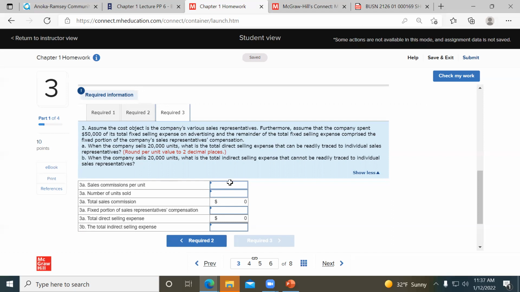$1. Number of units sold, 20,000. So 20,000 is sales commissions. Fixed portion of sales representatives' compensation, 20,000. So total direct selling expense is 40,000. What's the indirect selling expense?